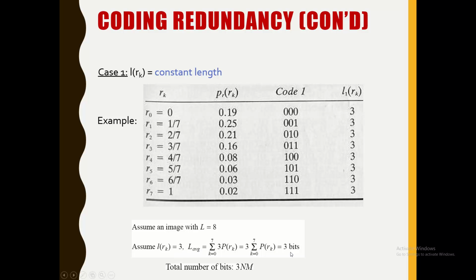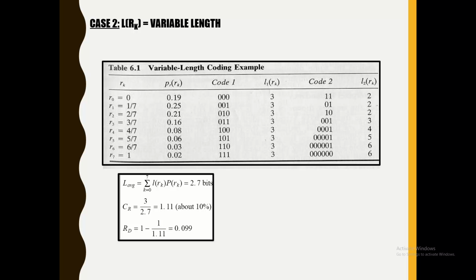So L average comes out to be 3 bits, and the total number of bits is 3 cross n cross m. Now, in case 2, we are using variable length coding, so a different number of bits for different gray levels. The previous one is an example of case 1, where we use constant length coding.